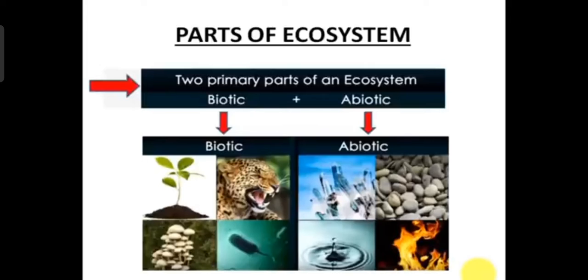So non-living things will come under abiotic. Ecosystem is basically an environment, and in an environment we have biotic, that is the living, and abiotic, that is non-living components interacting with each other. So this entire environment will be called an ecosystem.